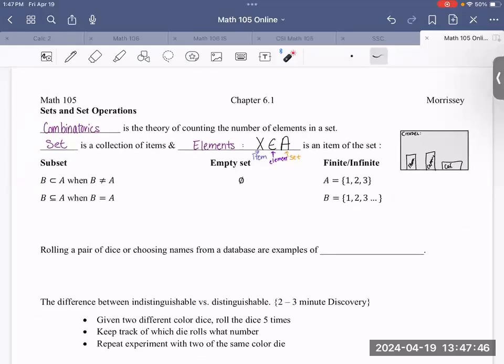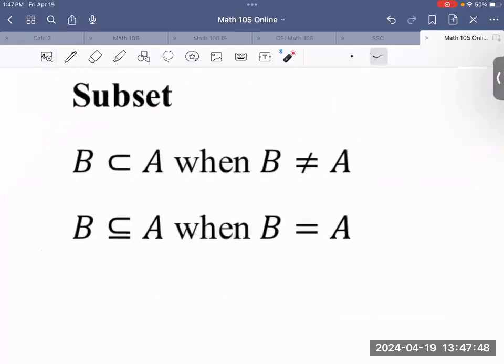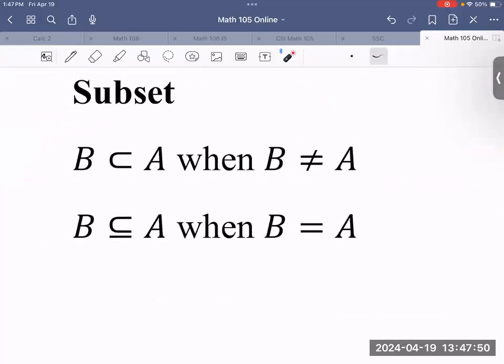So that being said, we are going to be talking about different relations within these sets. One being a subset.